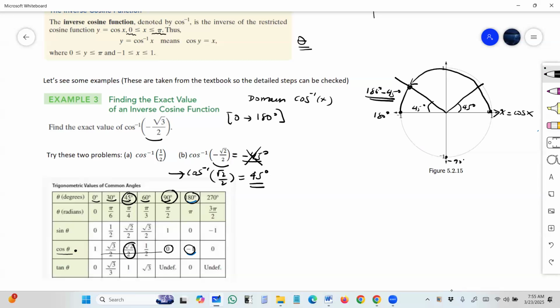So it's always going to be 180 minus whatever the positive angle is. In this case, 180 degrees minus 45. We cannot write minus 45 degrees. I've explained this before. Be very careful. Minus 45 would be here, and this does not exist in the domain of cosine inverse.